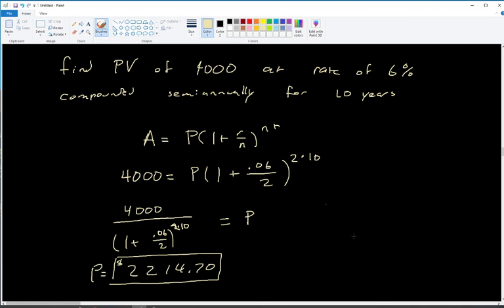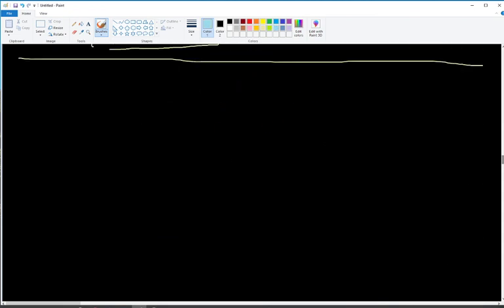Okay, final one is going to ask us to solve out for the interest rate. So this last one, we want to find R. Find R for $3,000 to grow to $4,000.